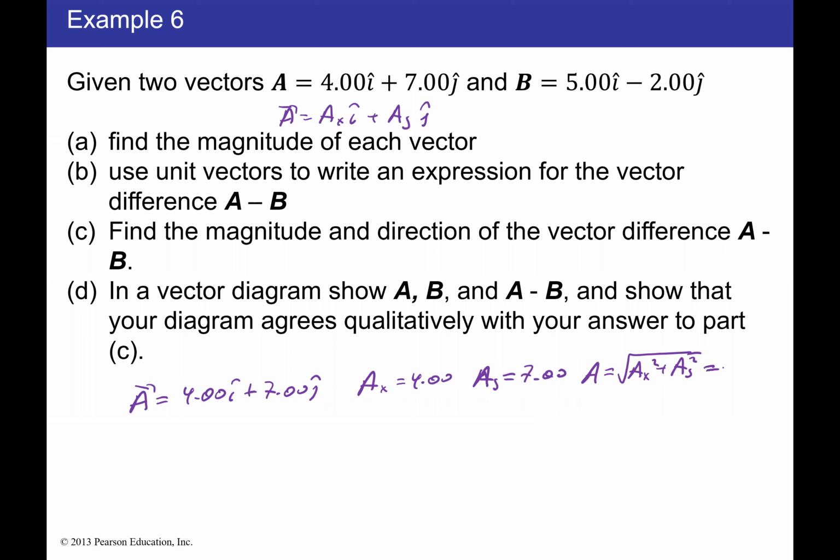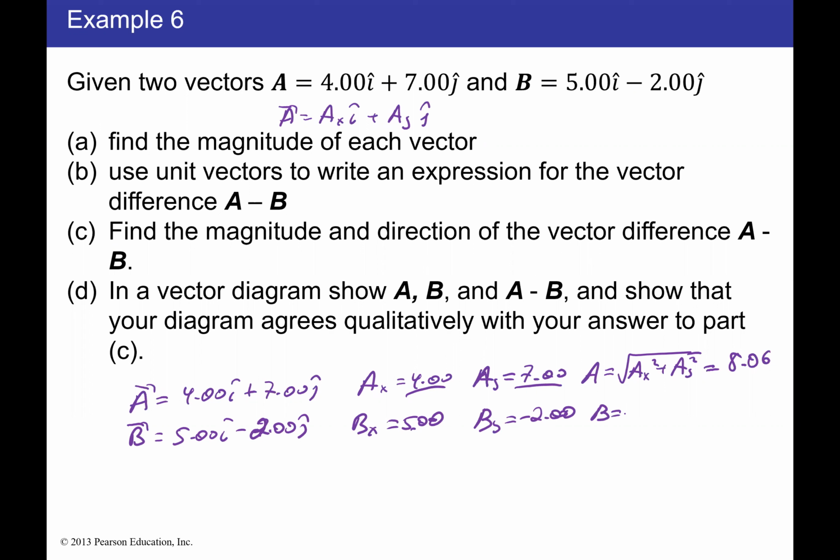If I do that, I get 8.06. Well, there are no meters, sorry, no units. 8.06 for the magnitude of A, which is the square root of ax squared plus ay squared. Same with vector B. I have 5 i hat minus 2 j hat, which means the x component of B is 5, and the y component of B is negative 2.